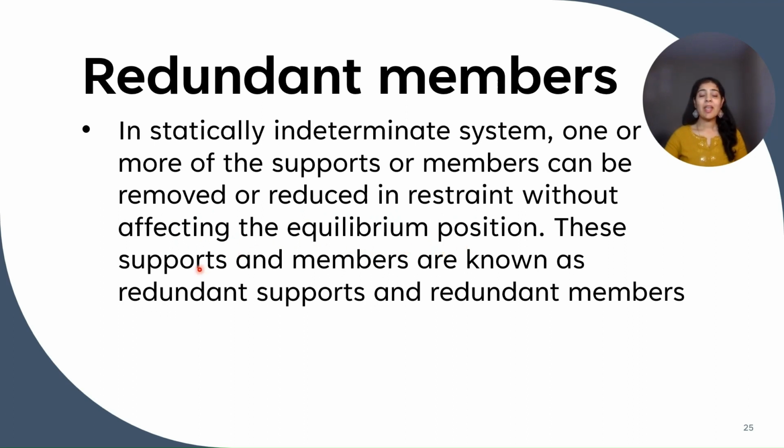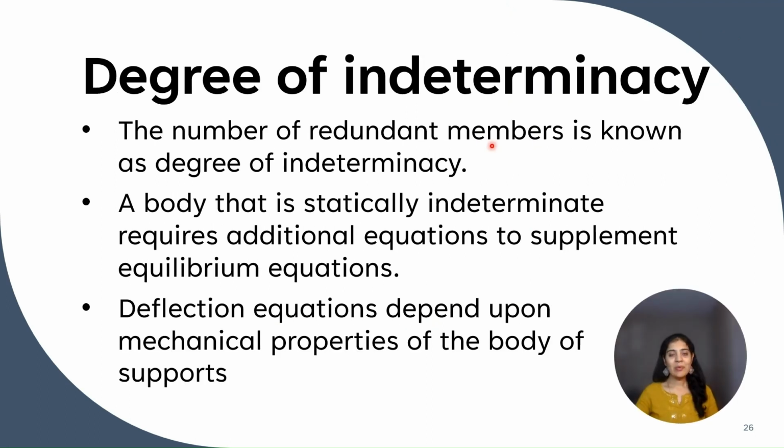So these extra supports or extra members which can be removed are known as redundant supports and redundant members. Degree of indeterminacy. The number of redundant members is known as the degree of indeterminacy.